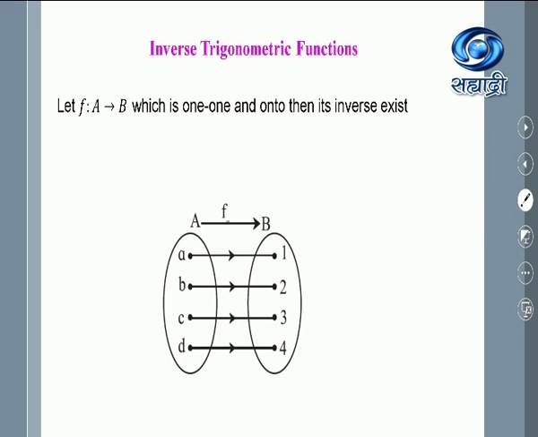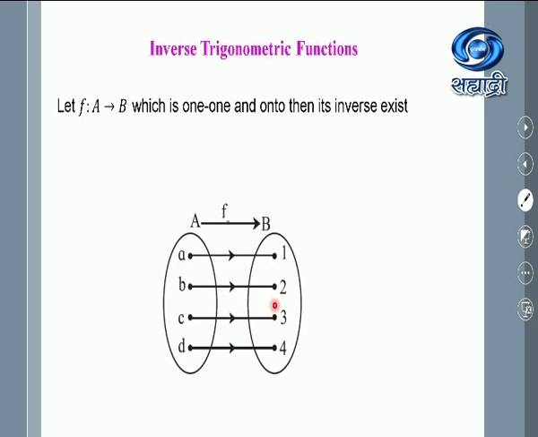We'll have to recall the definition of 1-1 function. A 1-1 function is what? The function in which each and every element from the set A has a unique image in the set B. Similarly, each and every image in the set B has a unique pre-image in the set A. There is one-to-one correspondence from both sides.